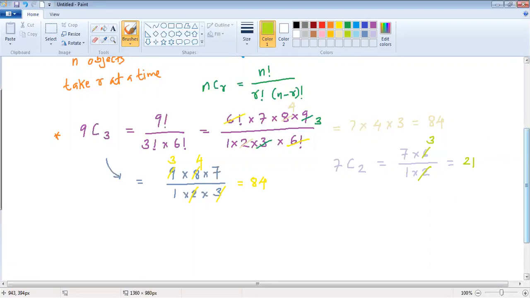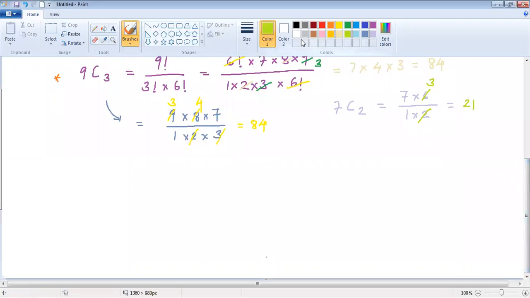Now, another thing I want to let you know. So you know that NCR, number of combination of n objects taken r at a time, is equal to n factorial divided by r factorial into n minus r factorial.